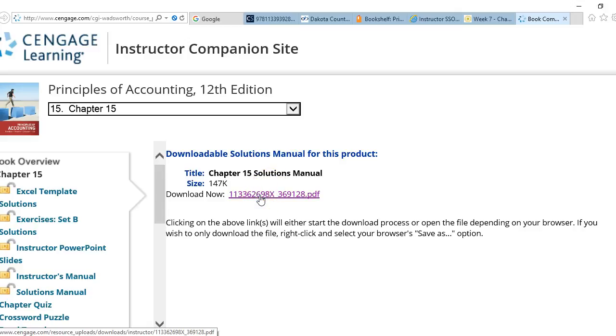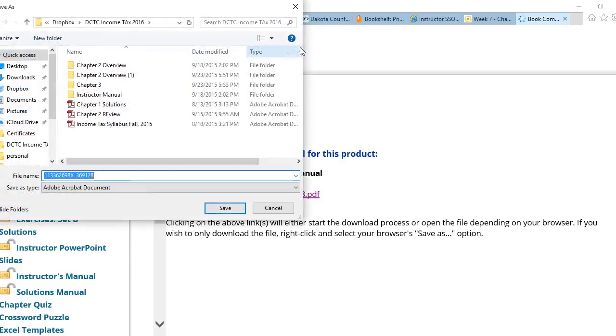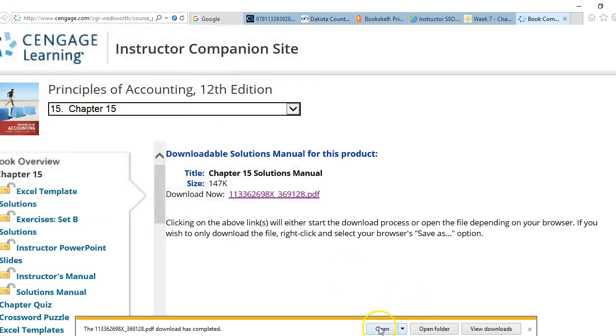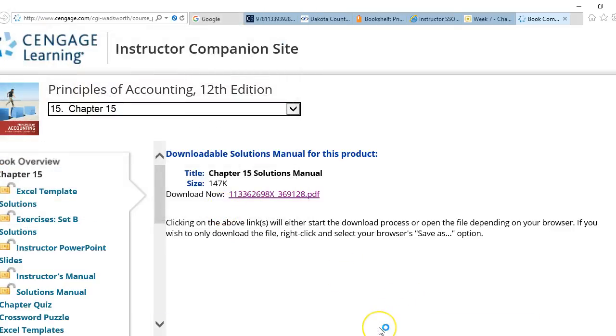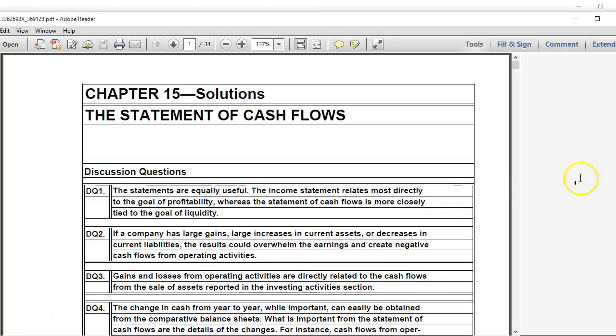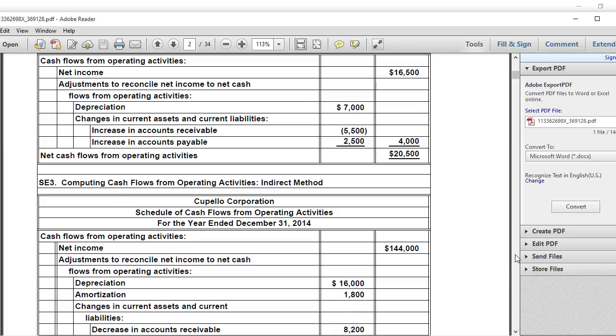So the first one is sold land. What would selling land be? You're guessing an investing activity? What do you guys think? Not really land unless it was part of property, plant, and equipment.